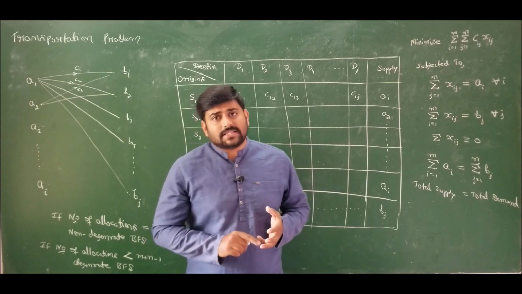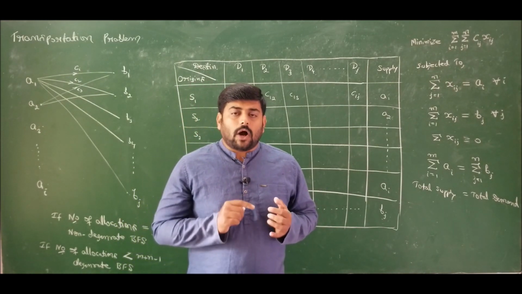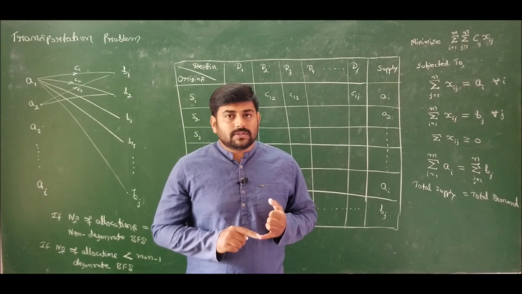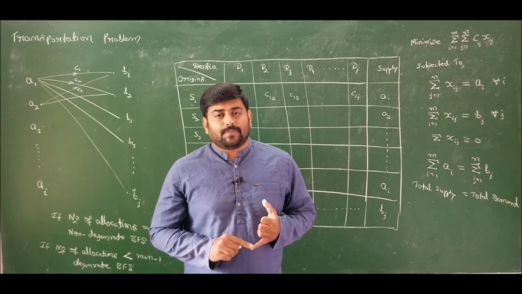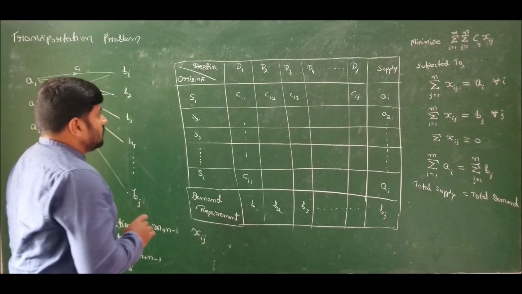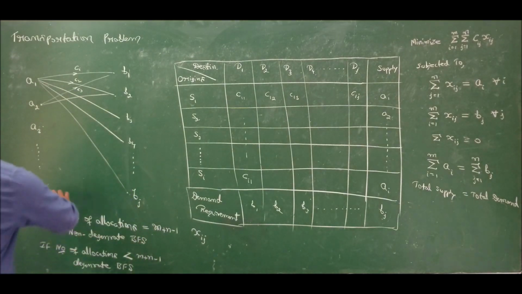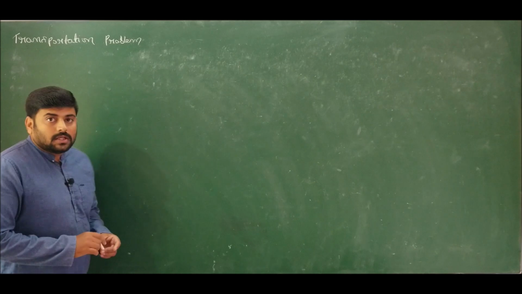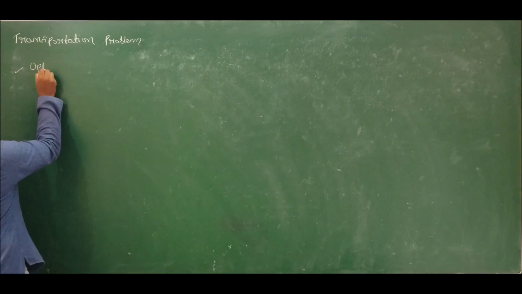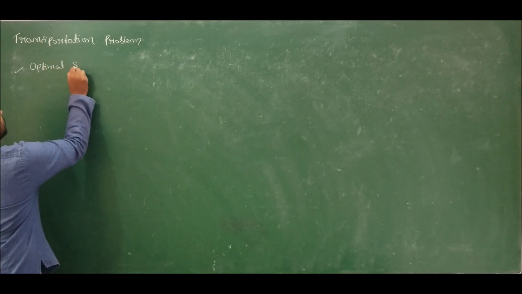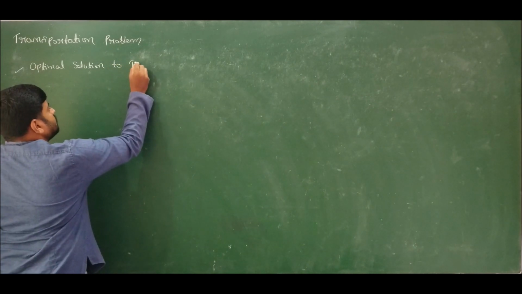Next, once we obtain the basic feasible solution, we will be using the optimality test either by using stepping stone method or by using modified distribution method. Now our aim is to find the optimal solution to transportation problem.